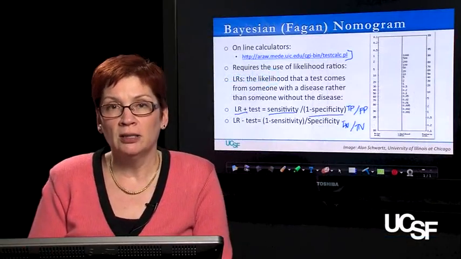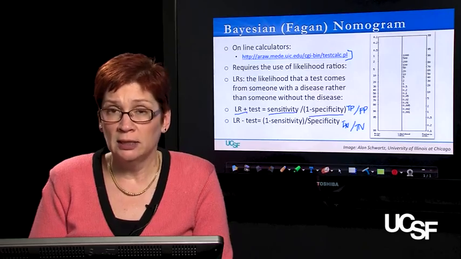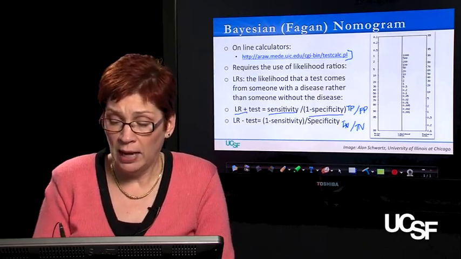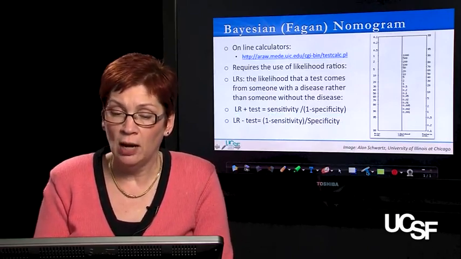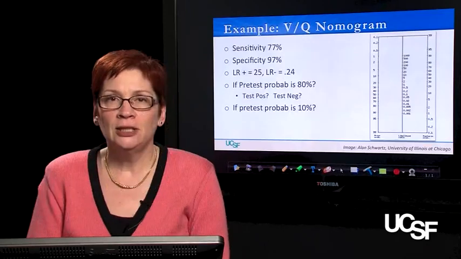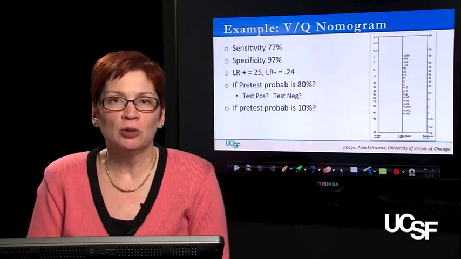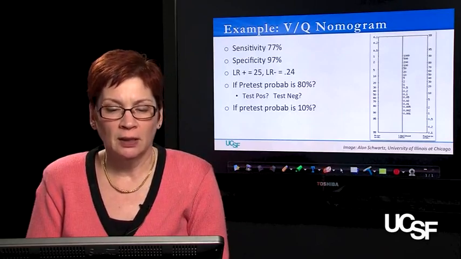Now, these formulas aren't all that important for you to memorize, just so that you know how to do it in case you had to do it. I just encourage you to look them up. But let's show how we use our nomogram. Let's use our Fagan nomogram to help us interpret our VQ scan results.